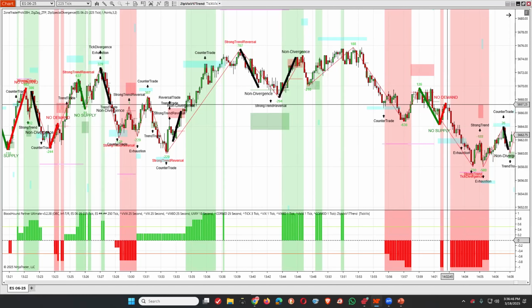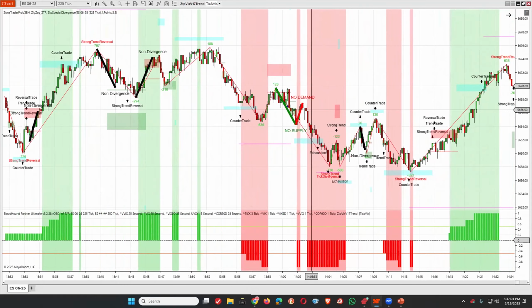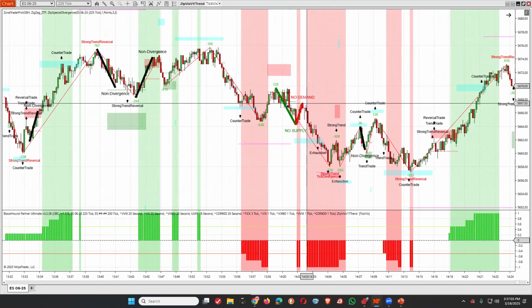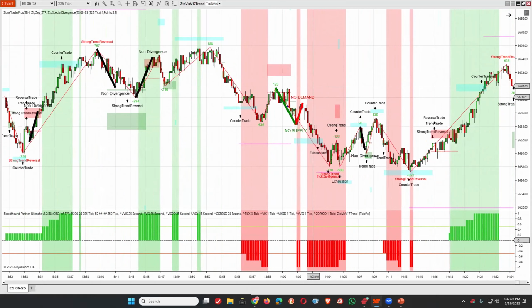And regular divergence is something that I personally do not care about anymore. I just completely disregard it. The only thing that I care about are the divergences that are created from the low to the high, high to the low, and what is marked as accumulation and distribution.